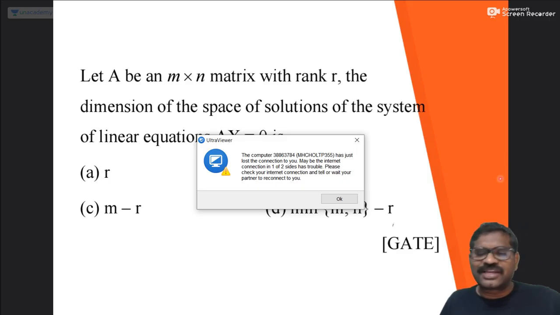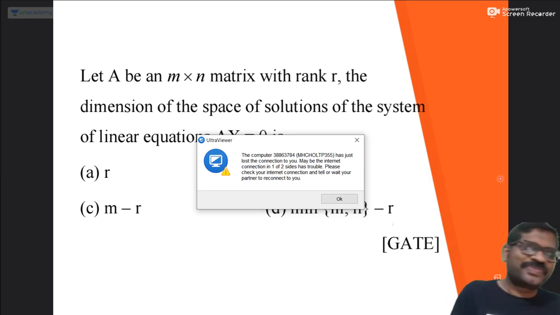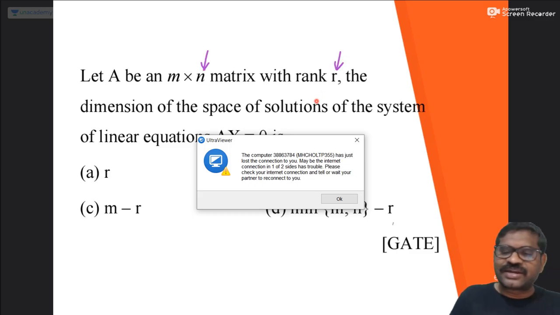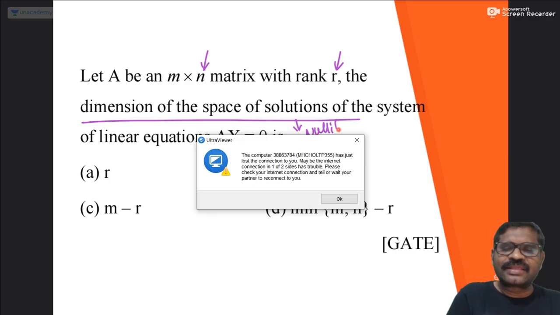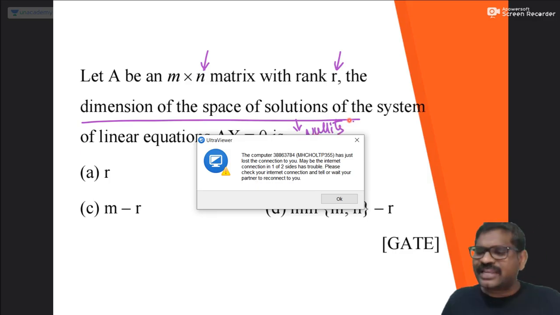Directly you can answer: number of columns minus rank. Number of columns is n, rank is r, so n minus r. Understood? Space of solutions is nothing but nullity. Nullity, dimension of null space, or dimension of space of solutions, all are the same.